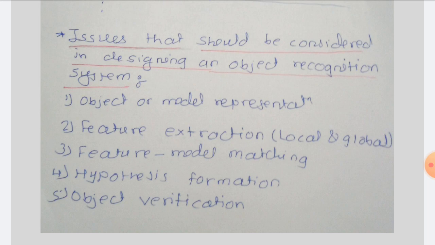Third is feature model matching. How can features in the image be matched to models in the database? In most object recognition tasks, there are many features and numerous objects.